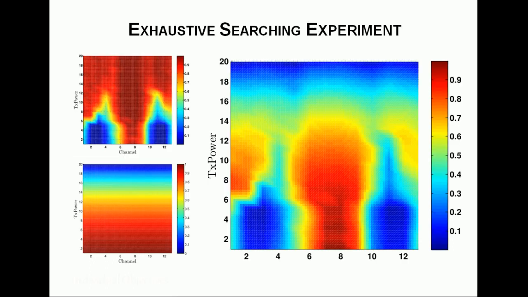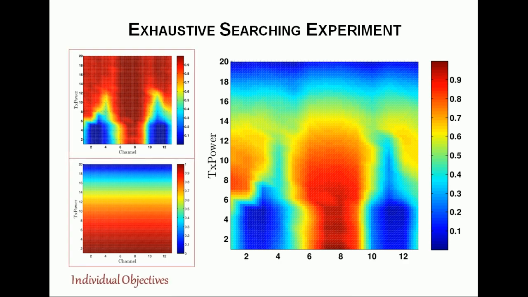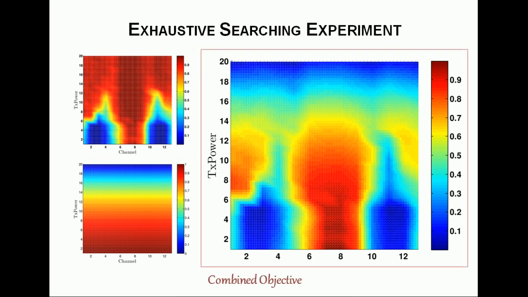The two figures on the left, which are piled on top of each other, are the individual objectives. The one on the top is the audio quality, and the one on the bottom is the transmission exposure. And the right figure is the combination of the two, indicating the combined objective.